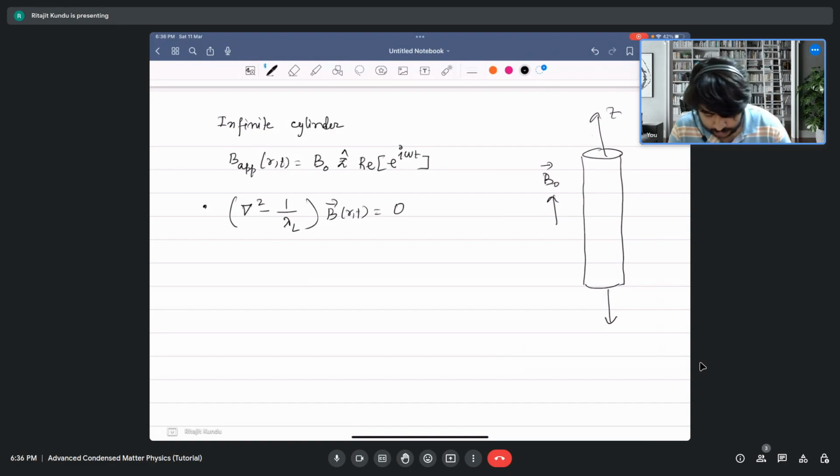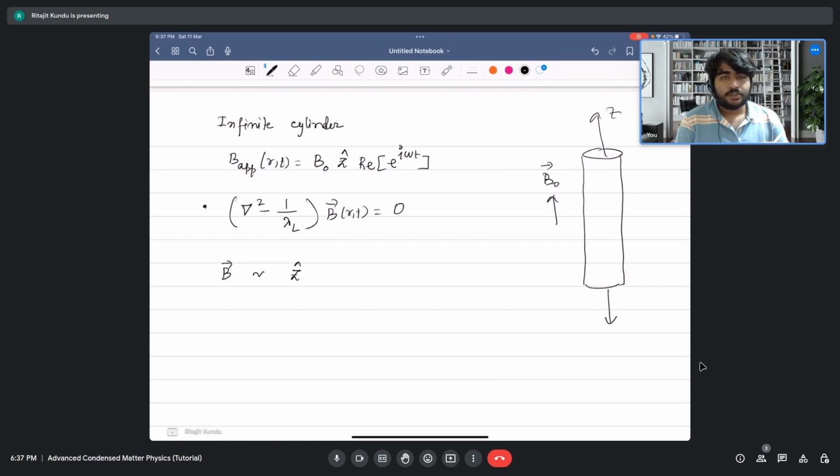Before that, let us try to see what the solution should be like. We're looking for a solution in the z direction, because the applied magnetic field is in the z direction. And because the magnetic field doesn't have any azimuthal phase like e to the power i phi, this has a circular symmetry.